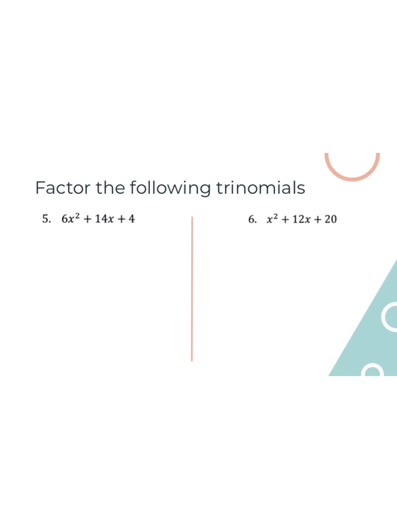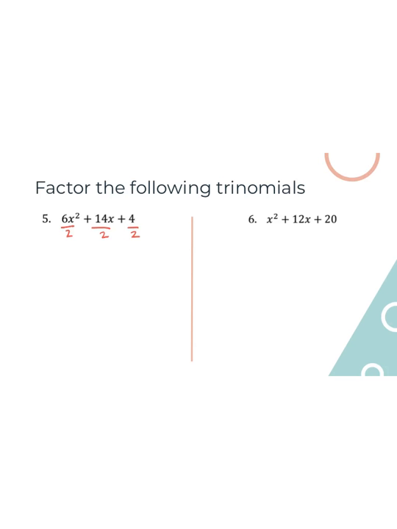Okay, looking at number 5, I have a 6x squared plus 14x plus 4. When I look at those, I see all even numbers. So right away I know that I could divide by 2 because they're all even, and that would be my greatest common factor. So I'm going to divide this by 2, divide this by 2, and divide that by 2. Then I'm going to look at my letters, x squared, an x, and then just a 4.